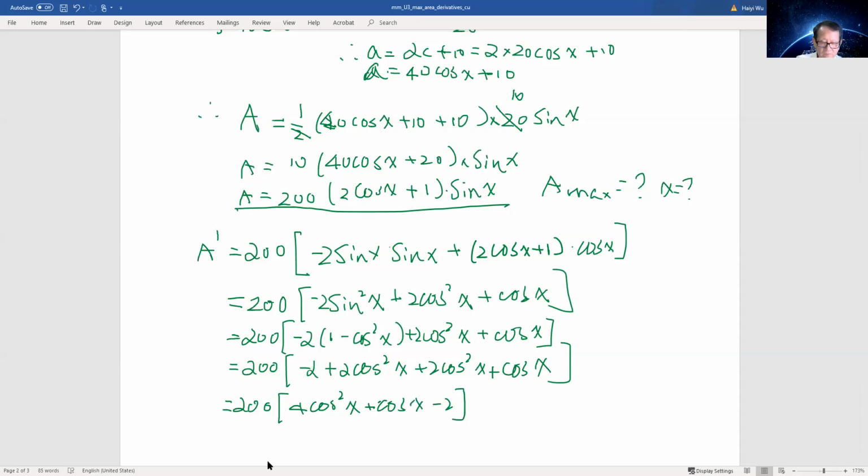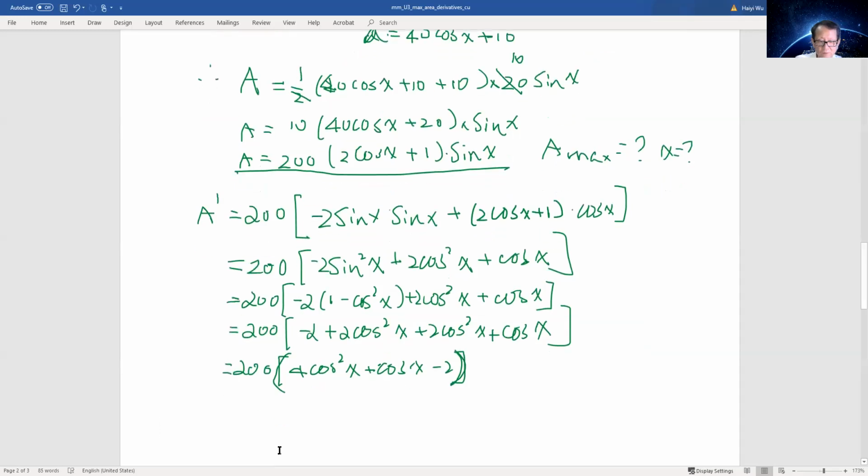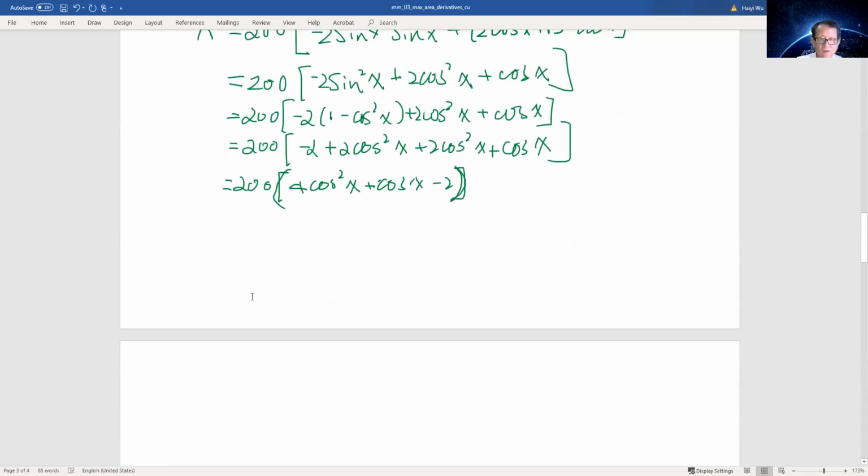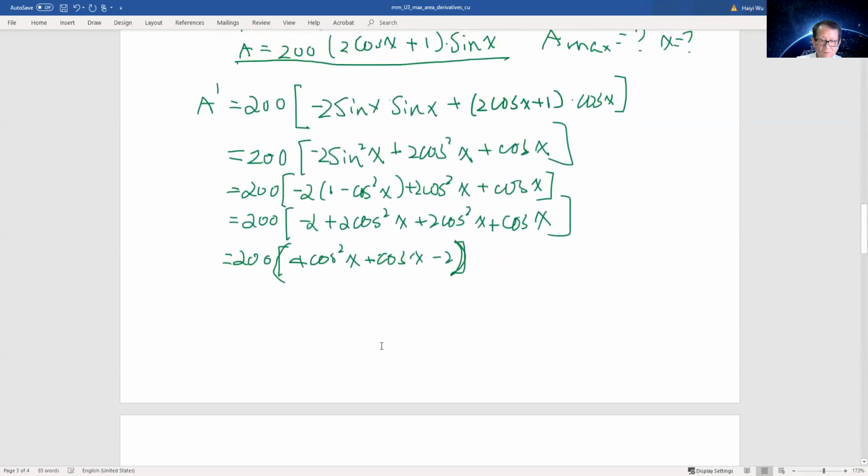So this is our formula. Let's solve for x, to see what x is so that we can achieve the maximum area.